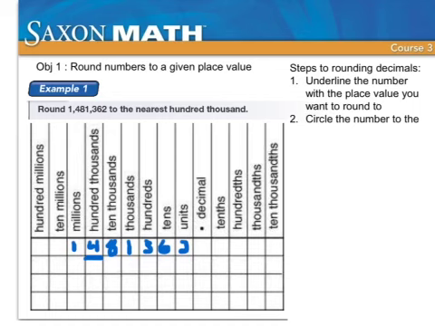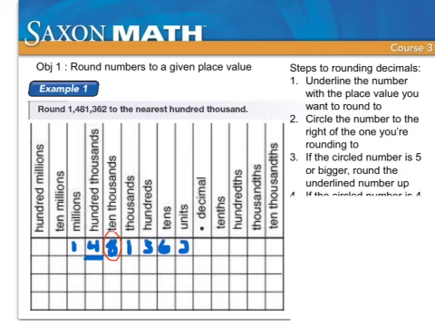Alright, step 2 says to circle the number to the right of the one you're rounding to. So I'm going to go to the right and circle this number, the 8, that's the one to the right of the 100,000 spot. These two steps kind of go together.